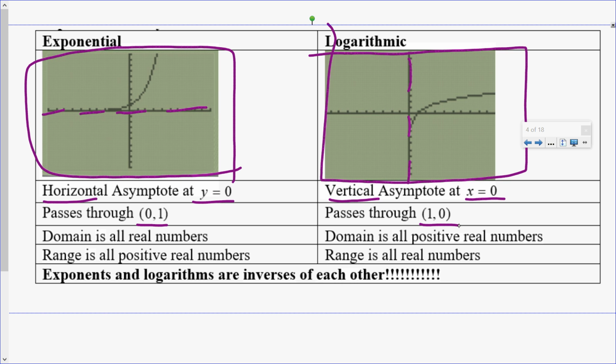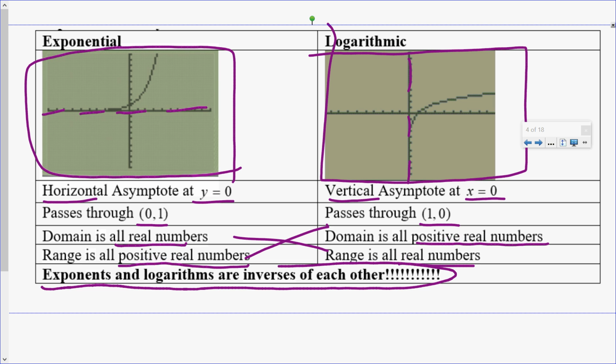Everything is opposite. Domain is all real numbers for exponential. Range is all real numbers for logarithmic. Range is all positive real numbers for exponential, whereas the domain is positive real numbers. Everything is switched because exponents and logarithms are inverses of each other. And it's important to understand that.